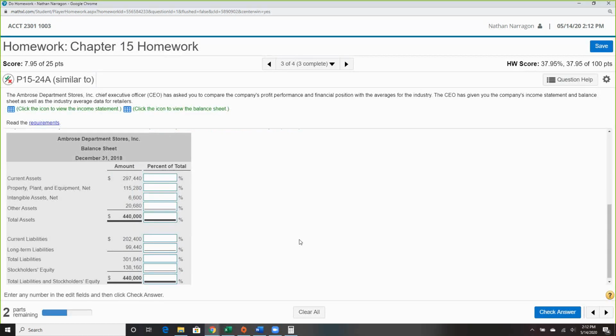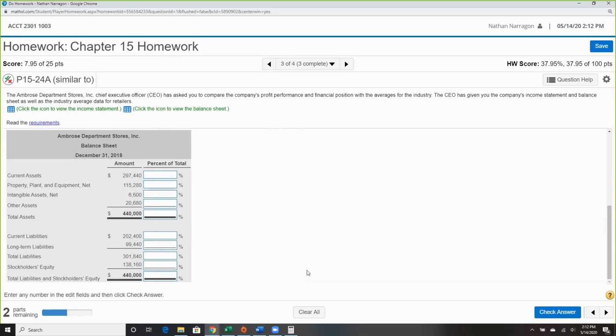Okay. This one's a little bit different. Like the balance sheet. We have our assets, total assets, which of course is going to be our 100%. Liabilities and stockholders' equity as their own. Again, 100%. Both of these should match across the board. Okay?